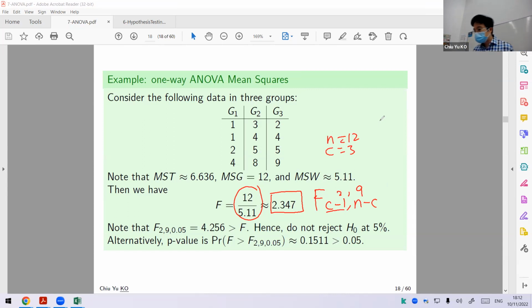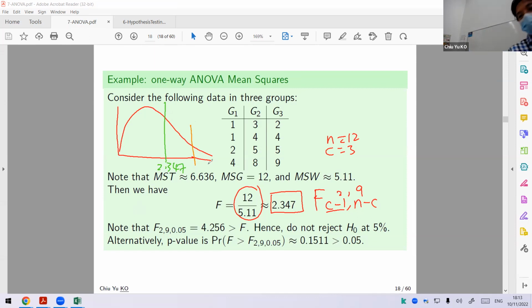This is what we have. What we figure out is the F value of 2.347. The critical value, remember, we only do one tail, because the alternative is that the variance is larger.